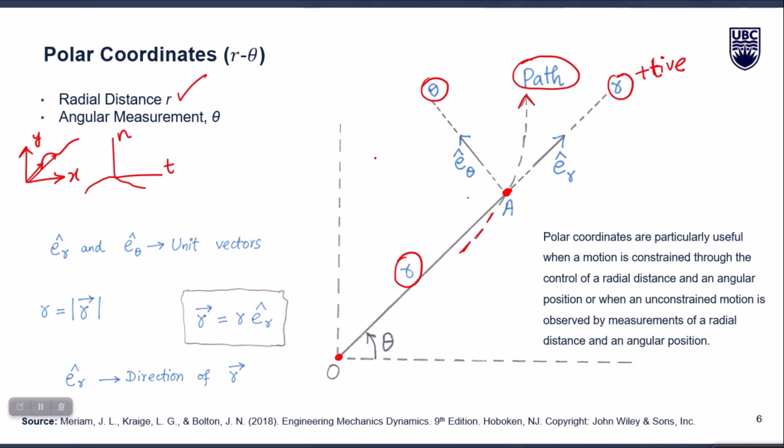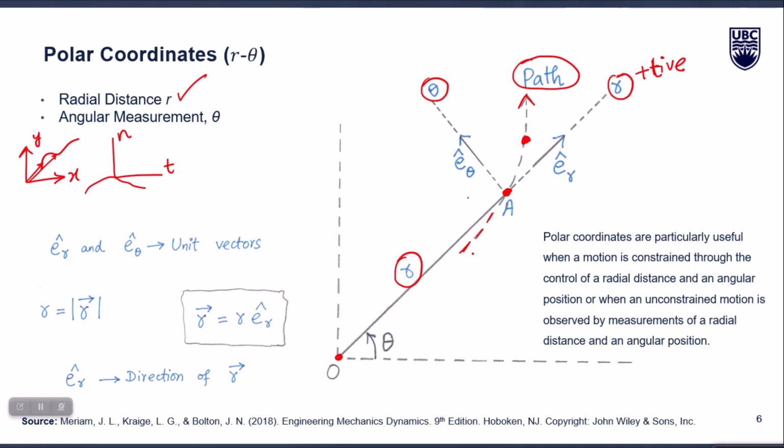Similarly, here also r and theta will be defined such that they will be changing their directions all the time while the particle is moving, right? So at another time instant when the particle is somewhere here, you have a different r direction and a different theta direction, right?